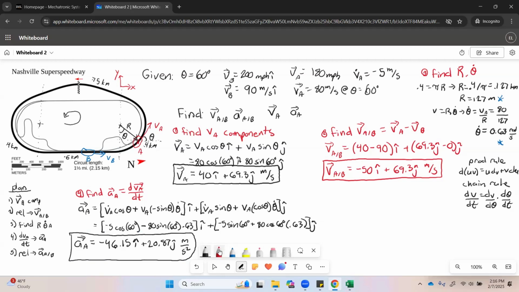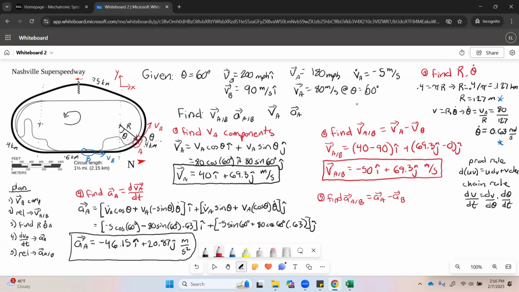So final thing to find out, step 5, we have to find acceleration of A with respect to B. So how does A's acceleration look relative to B? And that's going to be acceleration of A minus acceleration of B. But here, does B have an acceleration?